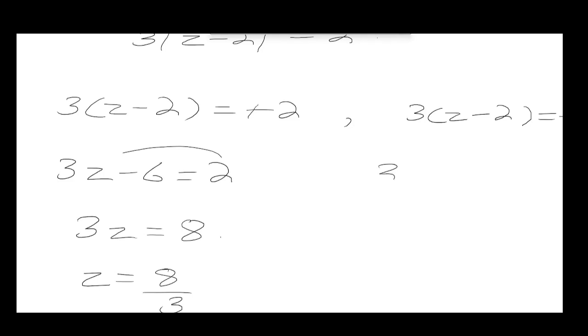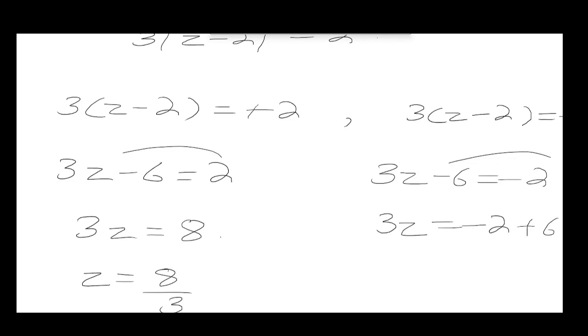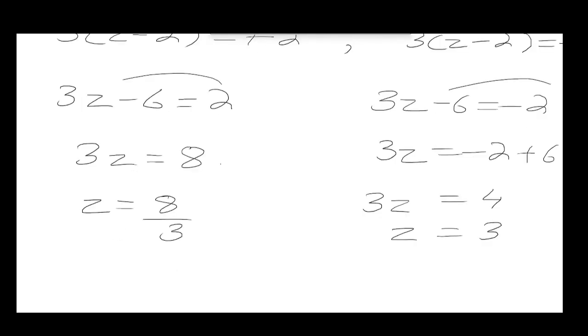However, here 3z minus 6 will be equal to negative 2. So 3z will be equal to minus 2 added with 6, so we will have 4 here and 3z here. So that means the value of z is 4 by 3.